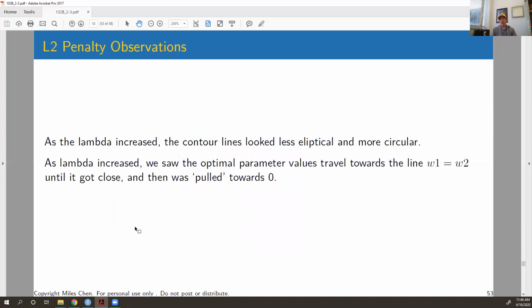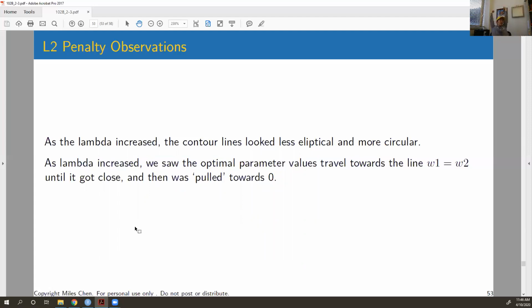So what we saw is that as lambda increased, the contour lines looked less elliptical, more circular. The optimal choice of parameters moved closer to the line W1 equals W2, and then when it got close, it got pulled towards 0. So why is it having this effect?